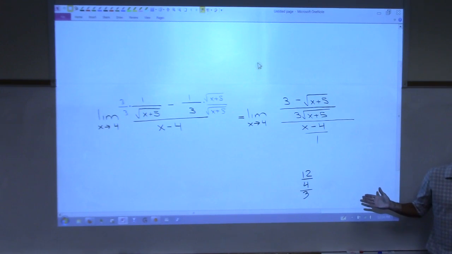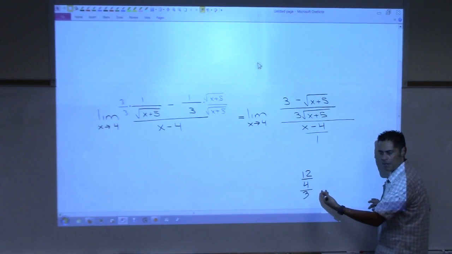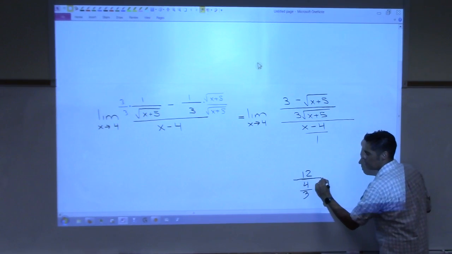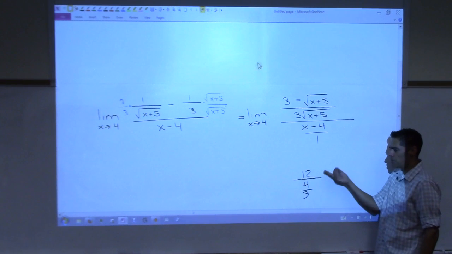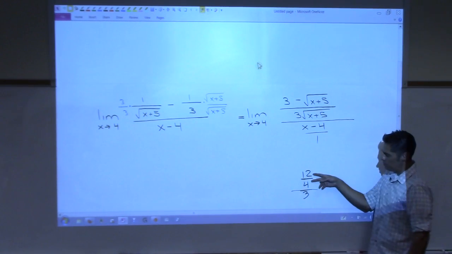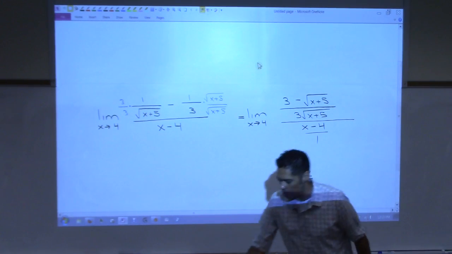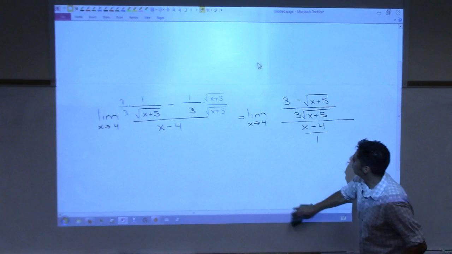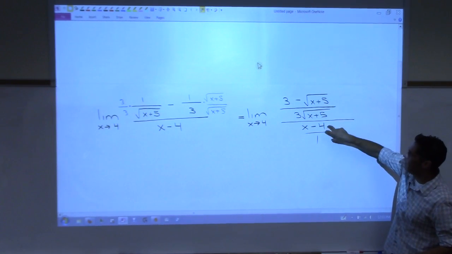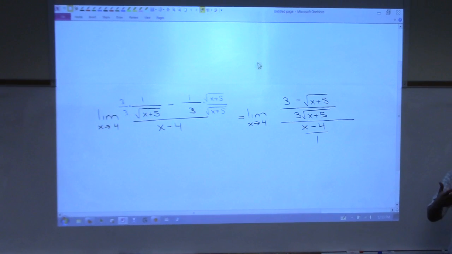It's written badly. That is not clear. You have to make one of these division bars bigger to know what's happening. Because if I do this, that means you're going to take 3/4 and reciprocate it up like this. If I do this one instead, that means you do this first and then divide through and you would get 1. So 2 different results. That's why I like to draw the big division bar, have my fraction clear, 2 clear fractions here. Now what?